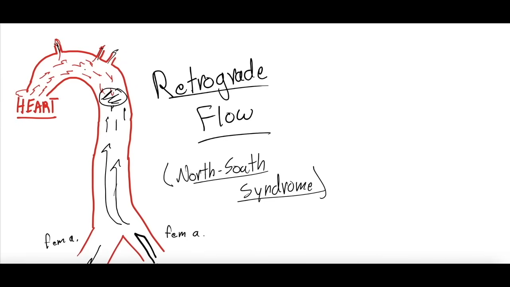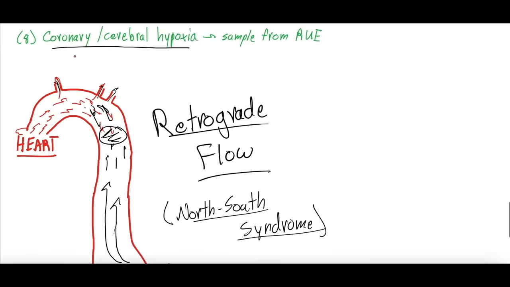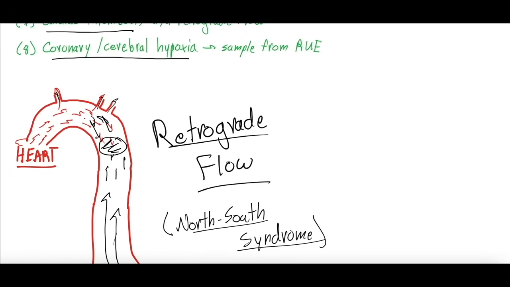And we can erase this here. Let's just say it travels to here as well as the brain, and you can get cerebral ischemia, north-south syndrome. The heart has regained enough function to pump some deoxygenated blood to then mix with the ECMO blood, and some of that deoxygenated blood then goes to the coronary and cerebral circulation.